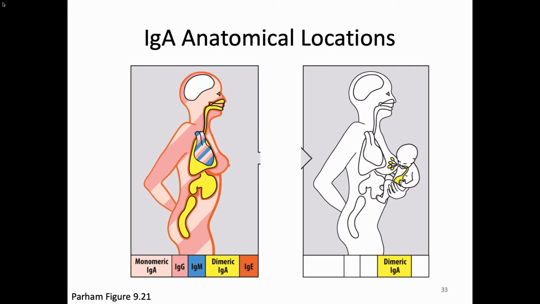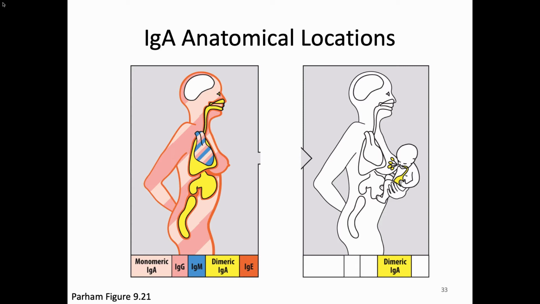Yes? Have there been any studies done correlating immune responses in people who were breastfed and who were not? I'm sure there are, but are they conclusive? There are many of those studies. They are not particularly conclusive because there are a number of other variables that happen within those types of studies.